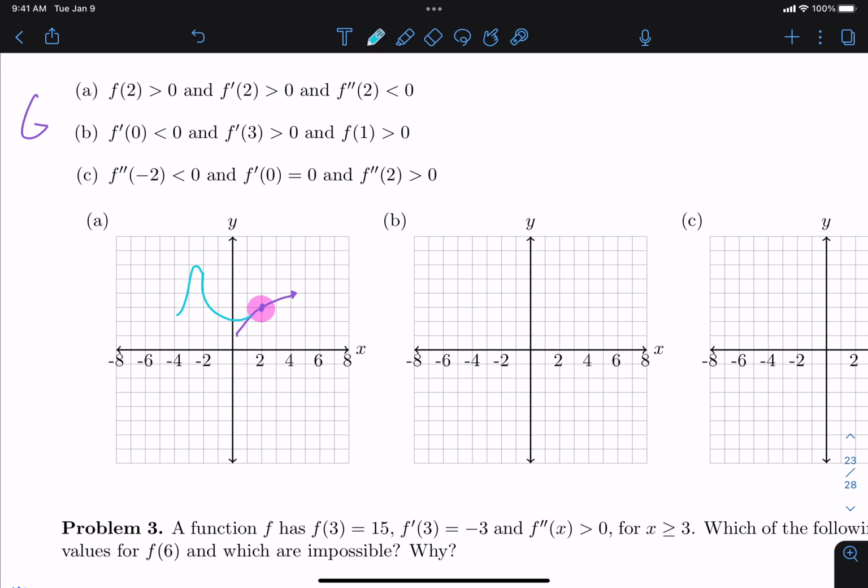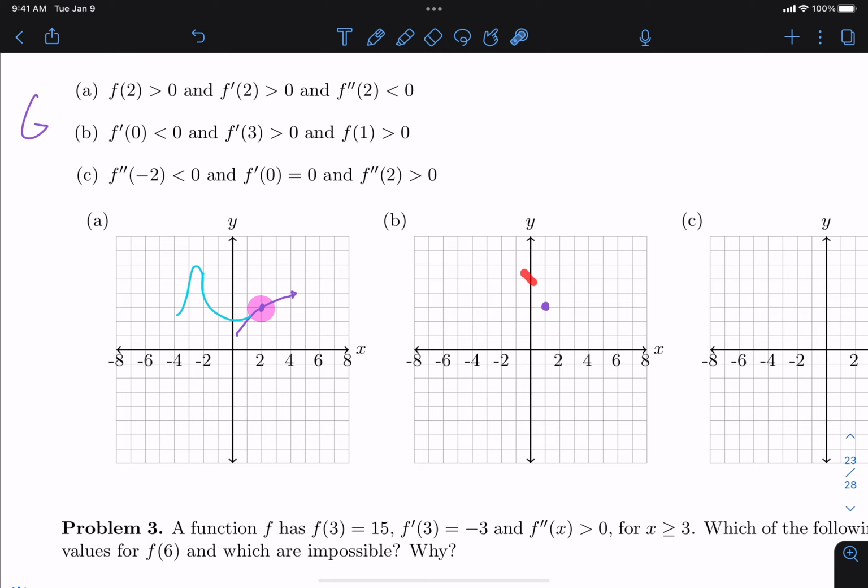So let's talk about the next one. I'm going to start from the right-hand side, because this is the easiest one to draw. It says you should have a point above the x-axis when x is equal to 1. So I'm going to do a point right here. f prime of 0 is less than 0 says that we are decreasing when the x value is 0.